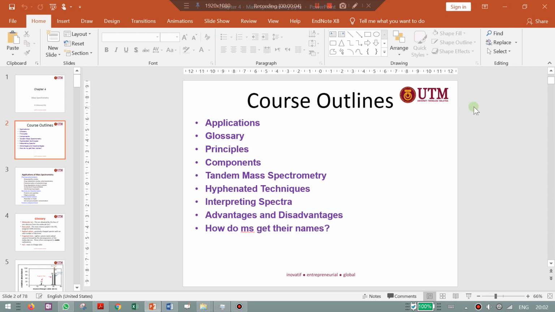Here is the course outline of this chapter, including the applications, glossary, principles, components, what is standard mass spectrometry, what are the hyphenated techniques, how to interpret the spectra, the advantages and disadvantages of these techniques, and how MS get their names. Not really important, just the basics. Let's continue.